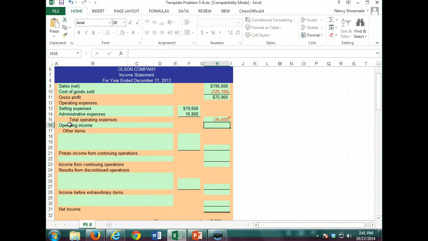If I say sales minus cost of goods sold equal? Gross profit. Yes. Gross profit minus operating expenses equal? Operating income. Yes. Okay, so operating income, and what do we have here, guys? 39.5.